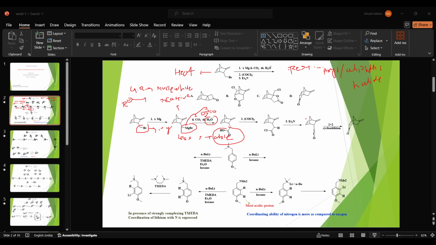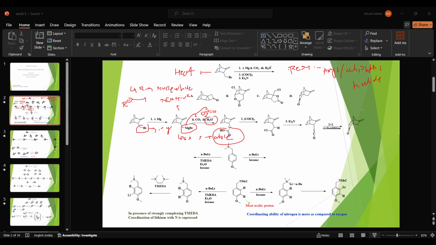Then it will undergo a 2 plus 2 cycloaddition with this alkene, as compared to this other alkene, because this alkene is closer, in such a way that the orbital overlap will be more feasible compared to the other one.